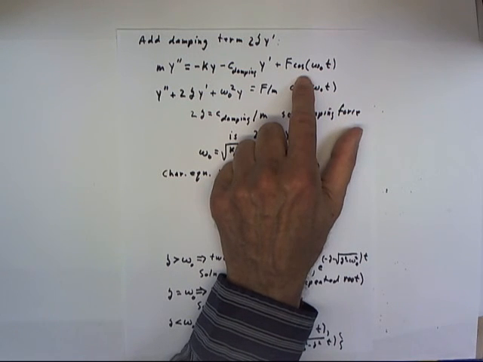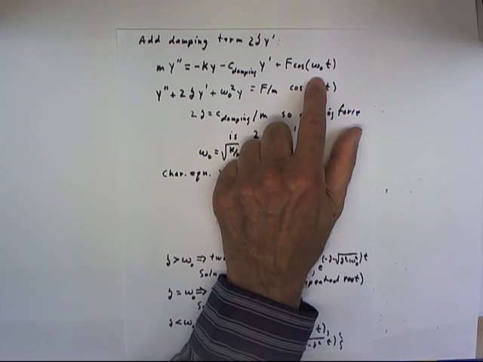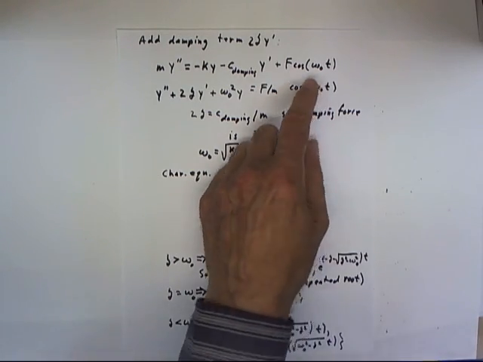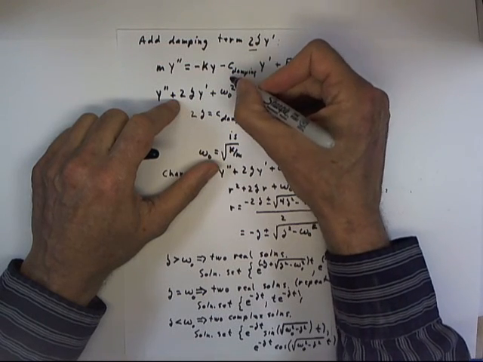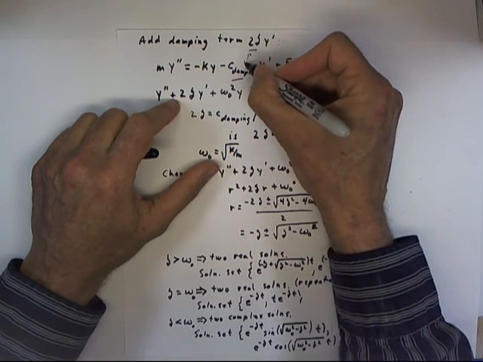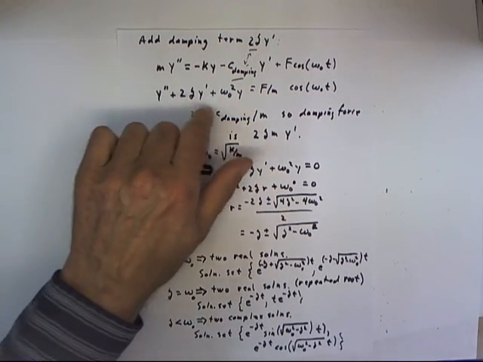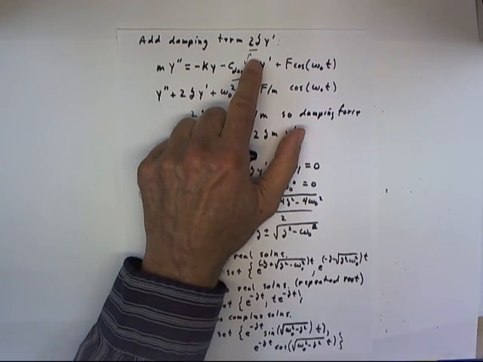Now we're assuming that we do have a driving force that's resonant with the system, a driving force at the same frequency as the natural frequency of oscillation. And we're going to identify our C damping with our 2 delta. These things mean the same thing, and I'm using 2 delta here just for convenience.